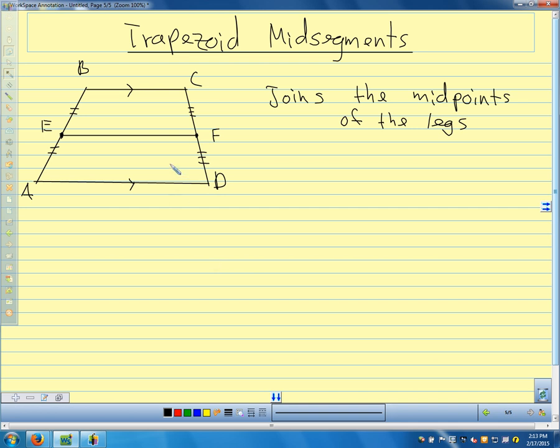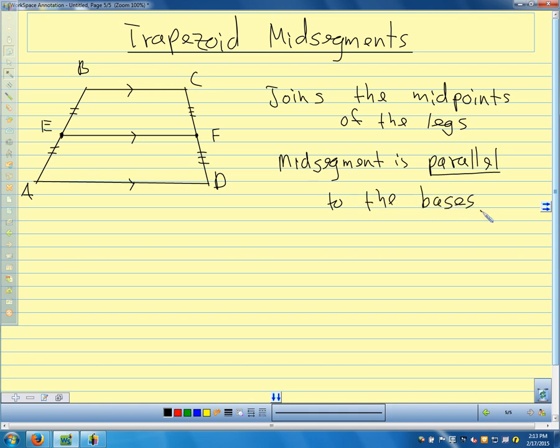And do you remember what we said about the mid-segment of a triangle, how it was related to the base? It's parallel. So the mid-segment is parallel to the base. And it's parallel to both bases.